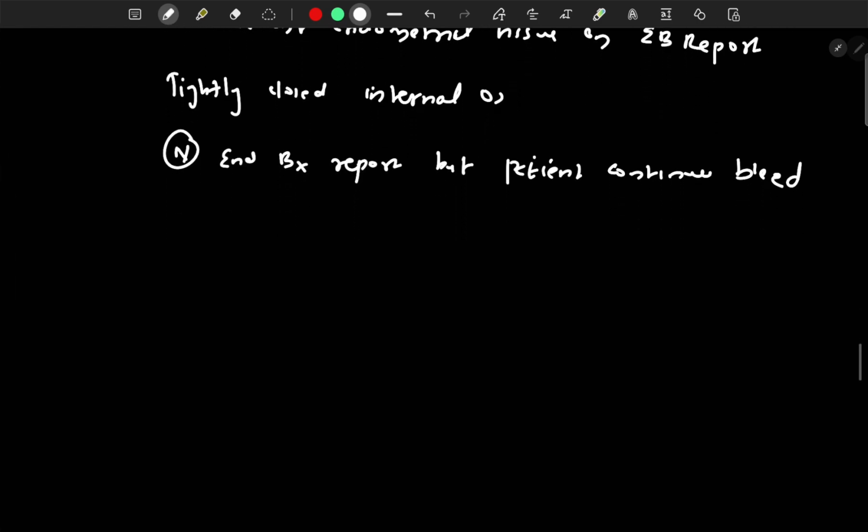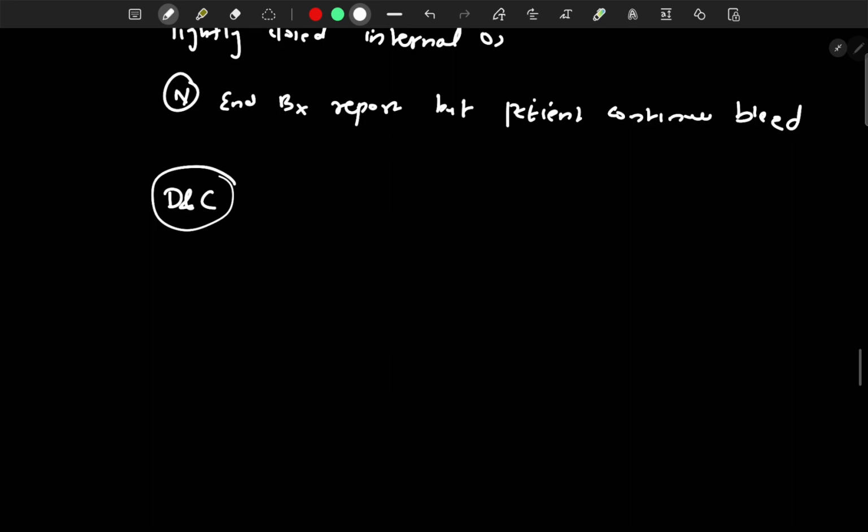Now there are indications for therapeutic DNC: for removal of retained products of conception, and the treatment of molar pregnancy. In molar pregnancy, that is gestational trophoblastic disease, we will do suction and evacuation.